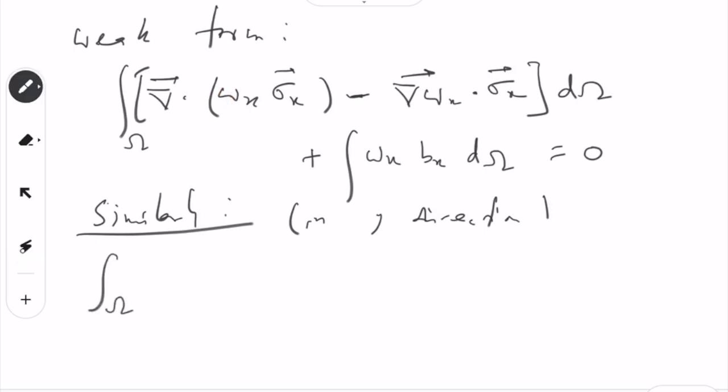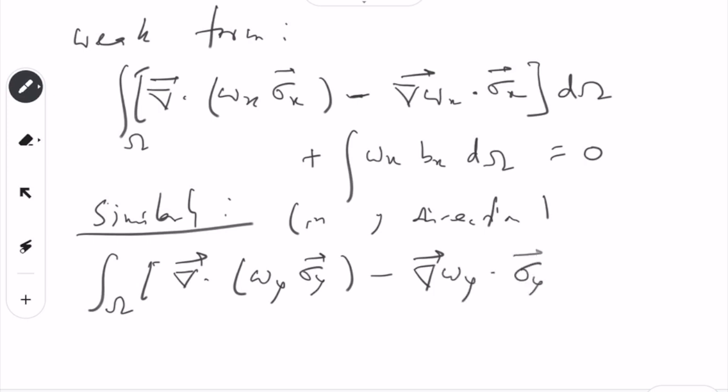We get the integral over omega of divergence of wy sigma y, minus gradient of wy dot sigma y d omega, plus wy by d omega is equal to 0. Okay, so we got this.